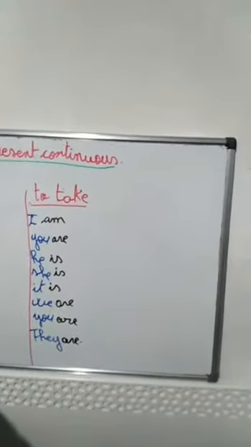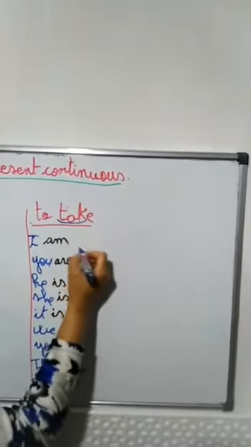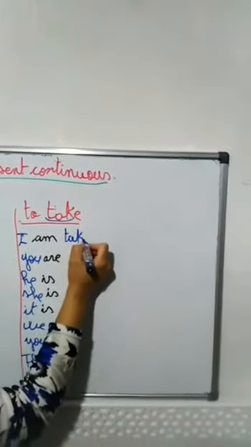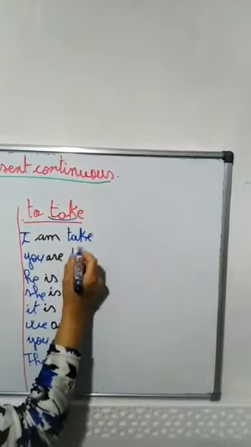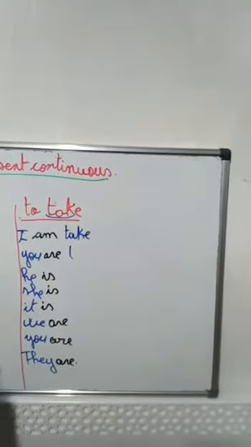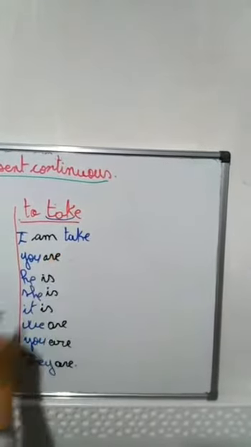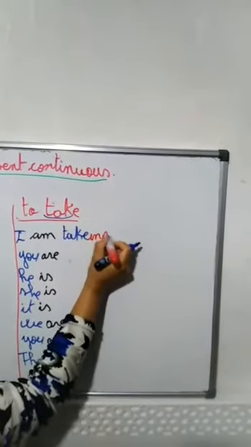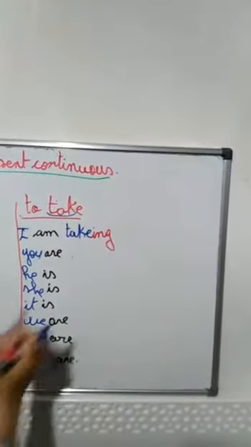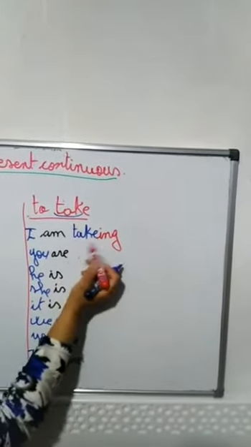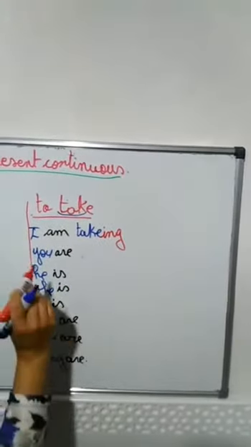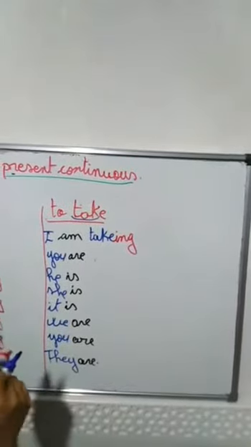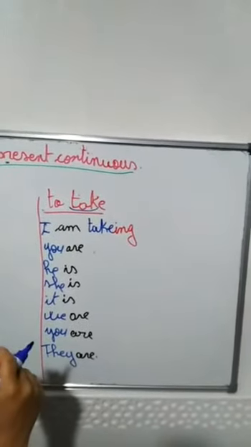Is this okay? For the verb, pay attention. I have the verb to take. Okay, what happened here? Take. Okay, I need to add the ing form. So, if I add ing form to the verb as it is, take, without deleting e, how can I pronounce it?